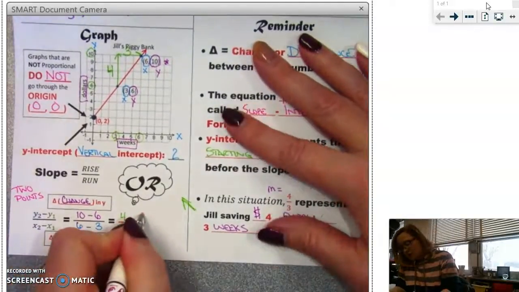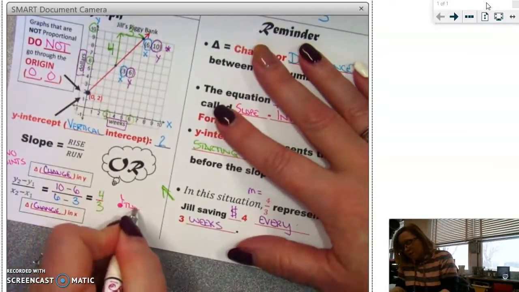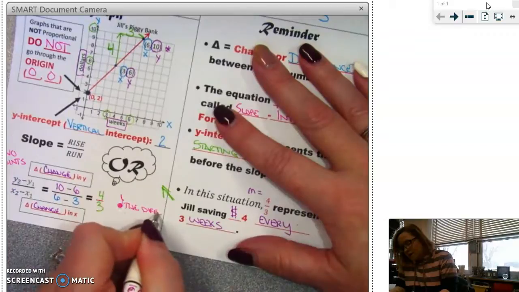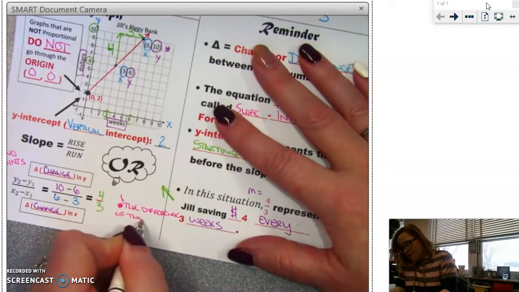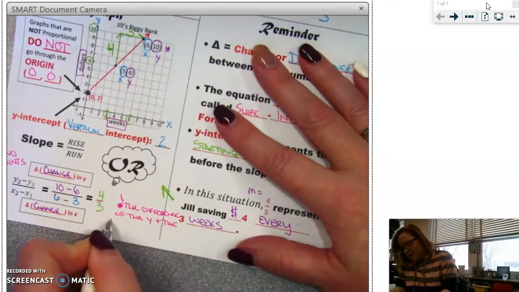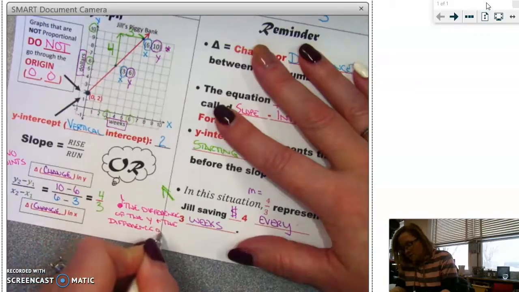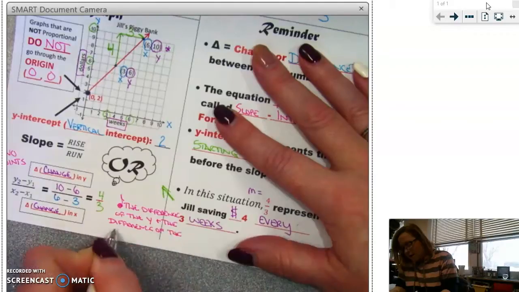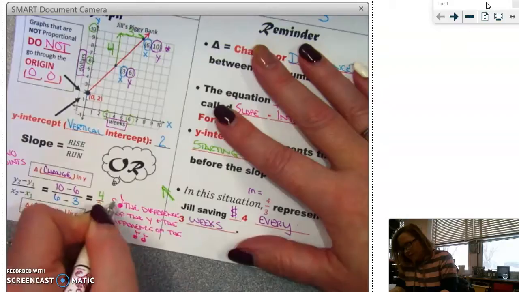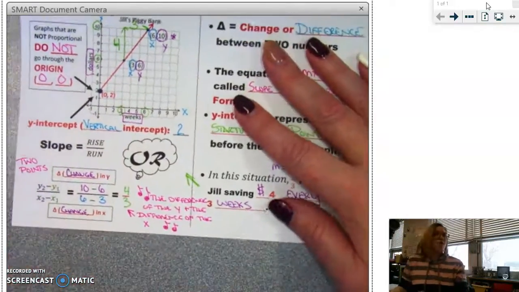So I'm going to also, for the fun of it, put a little music note here, and I'm going to write the difference of the y and the difference of the x, and an ending music note here. Okay, so that you know that that's the first part of the song.